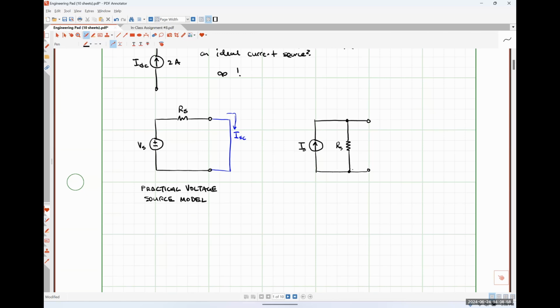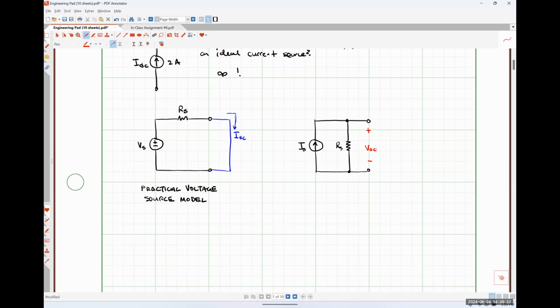And the purpose of this resistance is to limit the amount of voltage that can appear across the terminals of the current source when it is in an open circuit condition. So in an open circuit condition, we might see what's called an open circuit voltage, VOC here.